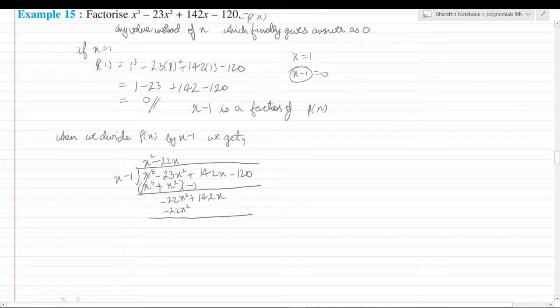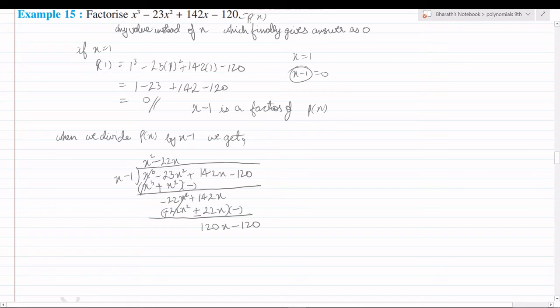And minus into minus is plus 22x. Multiplying the whole equation with minus, this becomes plus, this becomes minus, this gets cancelled, and 142x minus 22x is 120x minus 120.